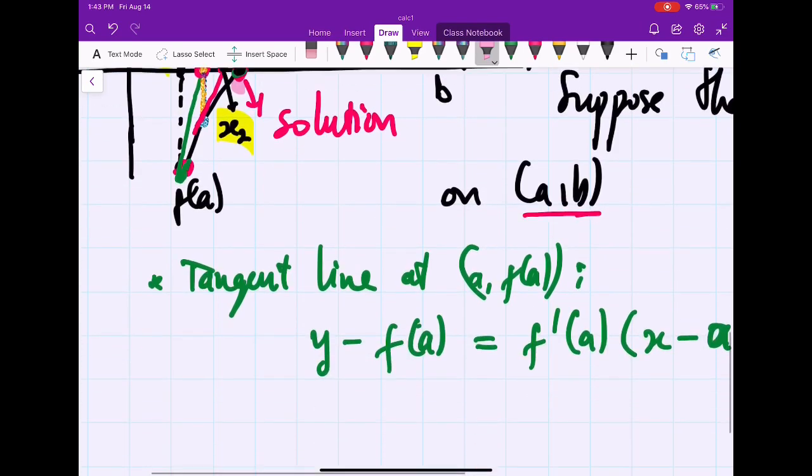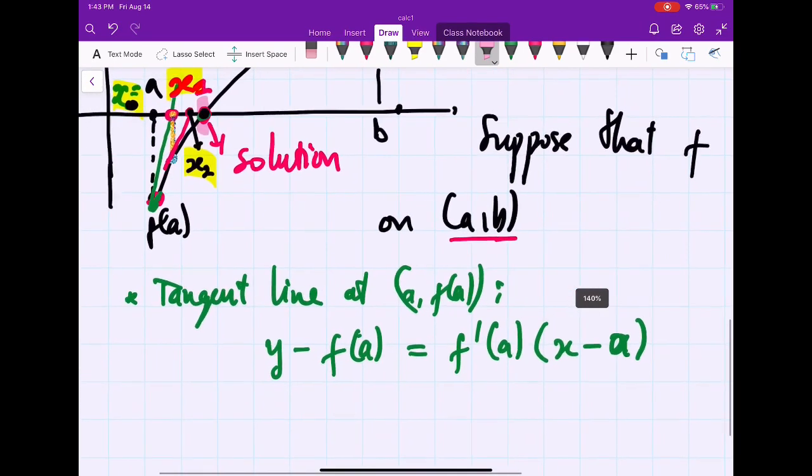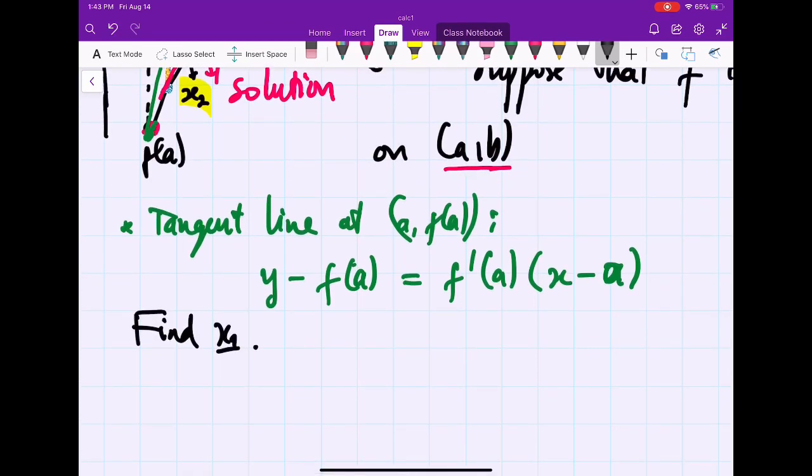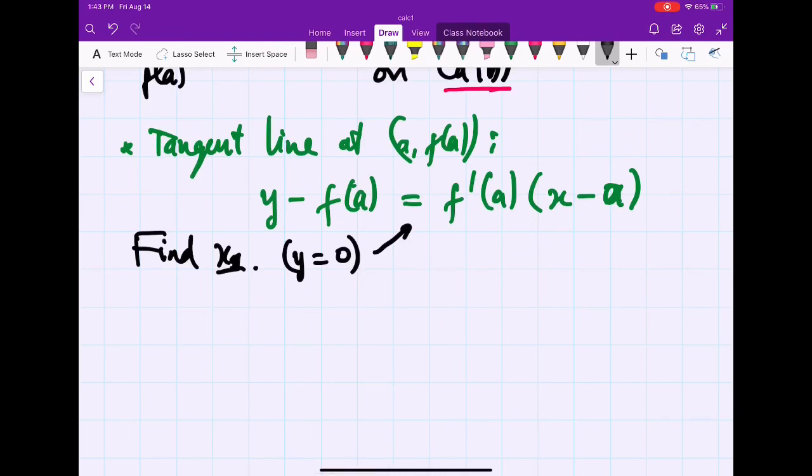Okay, let me continue this. I need to find the tangent line at a, and then I will find the intersection. Let's find x1. In order to find x1, we just put y equal to 0 and plug this into the equation of the tangent line.